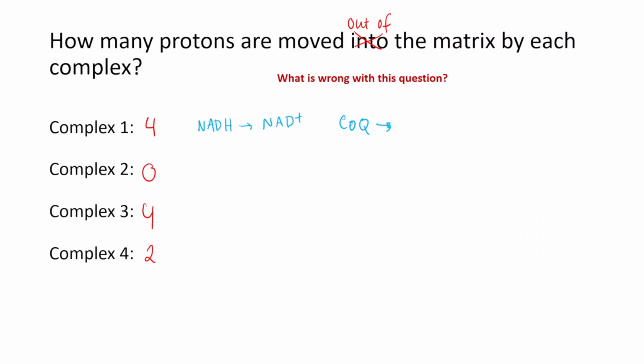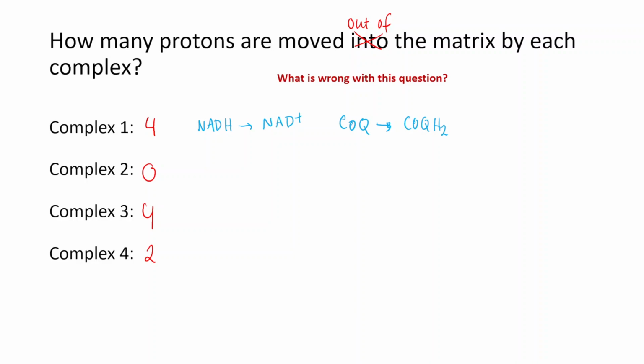Okay. Yeah, it's getting reduced to what? Yeah, exactly. So coenzyme Q is taking on those 2 electrons and also the 2 protons and becoming QH2.